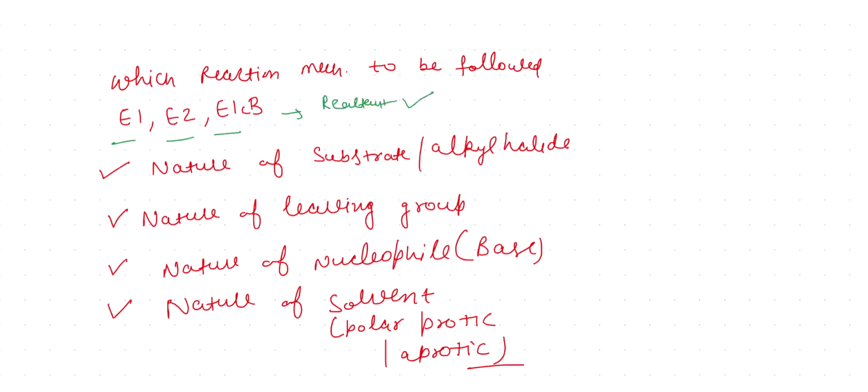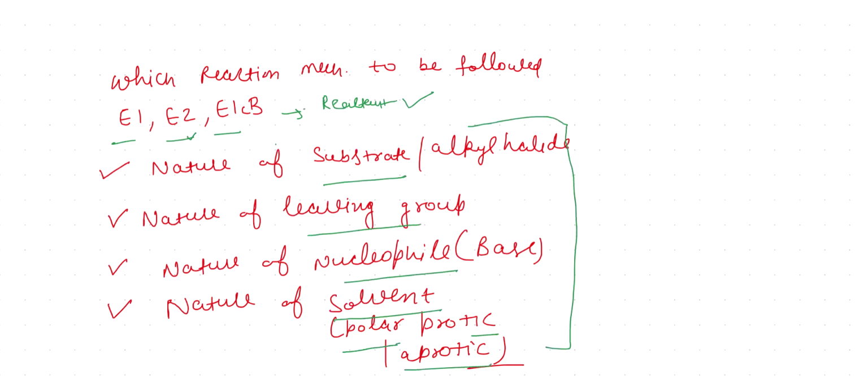It depends upon the nature of the substrate, the nature of the leaving group, the nature of the nucleophile, and the nature of the solvent. Whether we are using a polar protic or aprotic solvent, all these factors decide whether it will follow E1, E2, or E1cB. Clear?